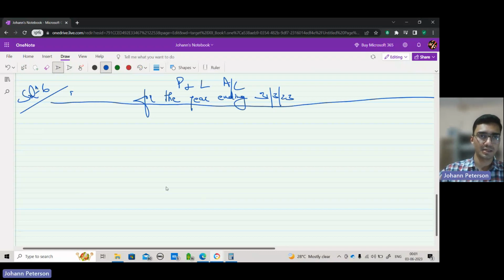Again, two sides, debit, credit. We will have 4 columns, so particulars, rupees, particulars, and rupees.